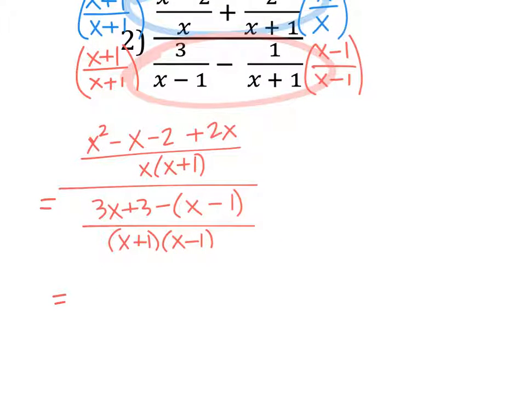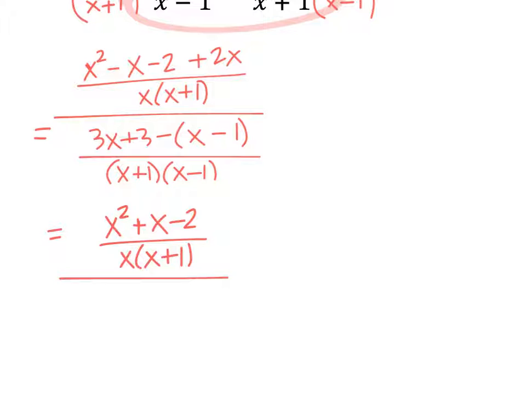Okay, simplify. In the numerator, you get x squared plus x minus 2 over x times x plus 1 all over 2x plus 2 over x plus 1 x minus 1.